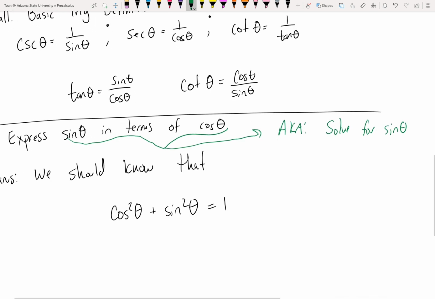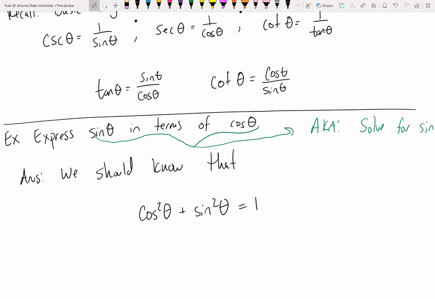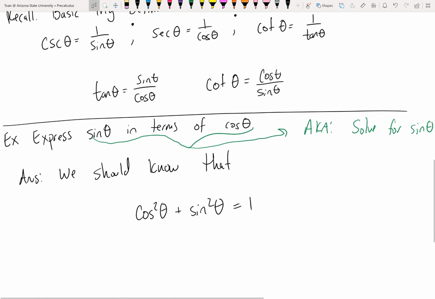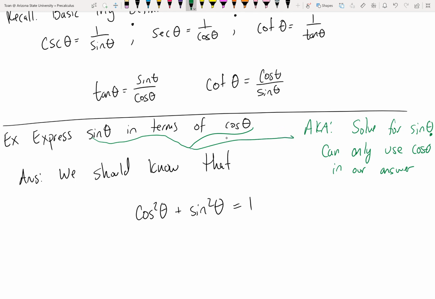Let me zoom back into normal here. Solve for sine of theta. However, we can only use cosine theta in our answer. Right. So when it says in terms of something, that is the thing that is allowed in your final answer.